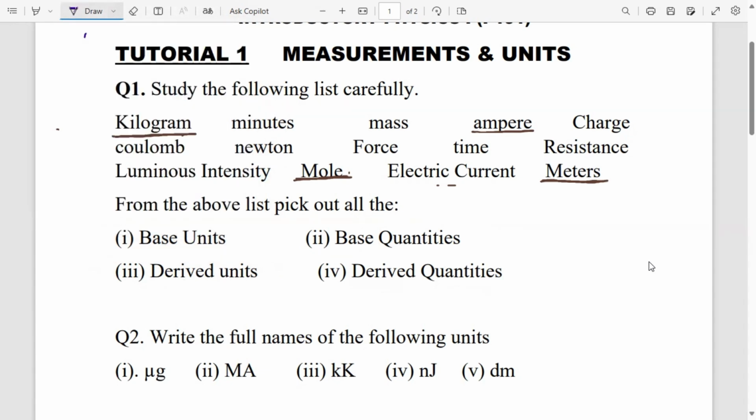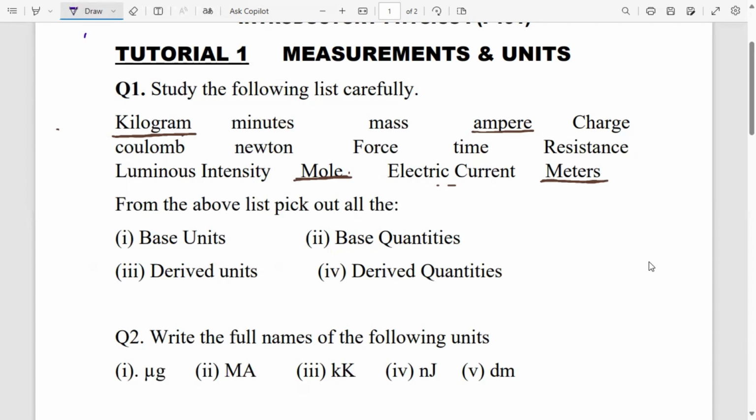Okay, so let's now look at the derived quantities, or maybe let's check out the base quantities first. So what are base quantities? You know, to say these are the physical quantities that are going to be expressed in these base units that we have here.